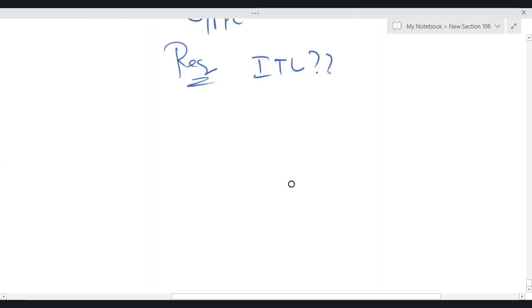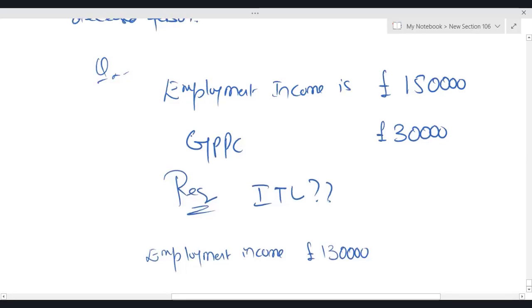Employment income, we know that it is a non-saving income. We need to check how much personal allowance is available.